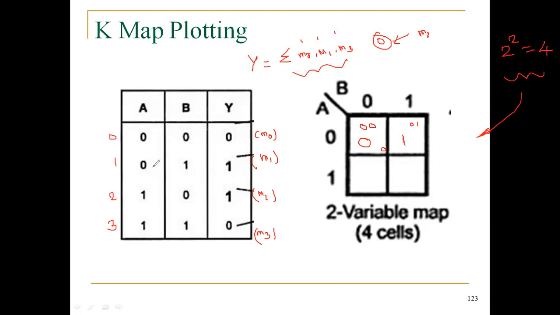Please listen, 0 1 output value equal to 1. Here it is 1 0, this cell is 2, and 1 0 means output value equal to 1. And then here 1 1 means the output value equal to 0.